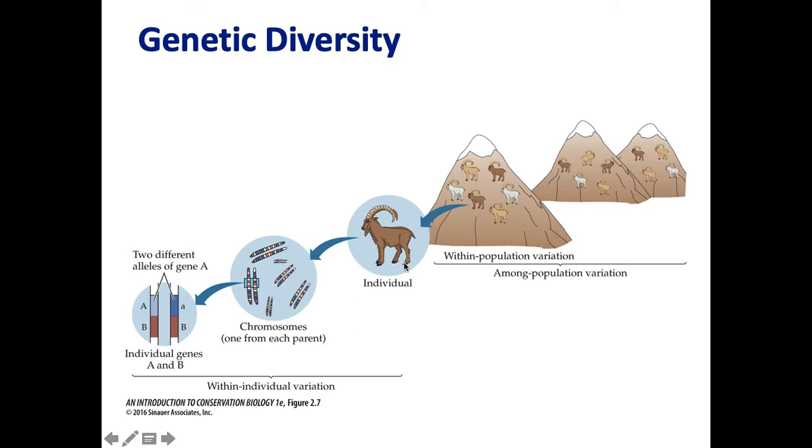So do they tend to have the same copies of different genes, or do they have different copies? And then we can look at within a population, what's the variability of genes when we look at the group of organisms that are interbreeding. And then we can also compare genetic variability among different populations. So in this case, they're showing these mountain goats as living on different mountains, and so we can look at the genetic variation on these different mountains and compare it.